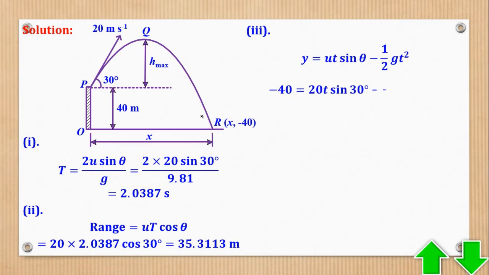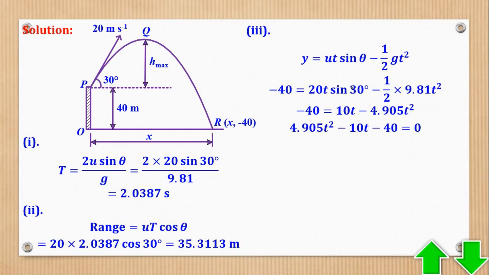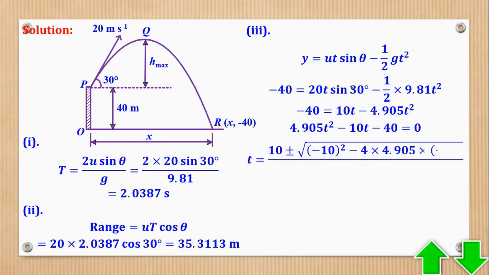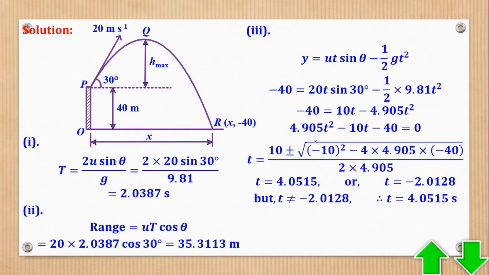So substitute y is negative 40, then u is 20, theta is 30, g is a constant. So I only have t as an unknown, which gives me a quadratic. I have to solve it and get two values of t. So the negative will be eliminated to remain with only the positive, and that will be the total time spent in air.